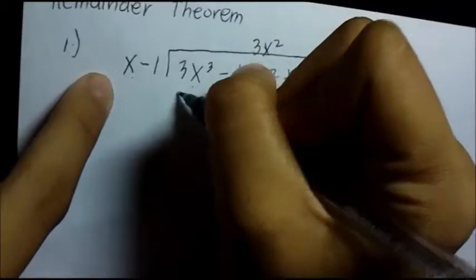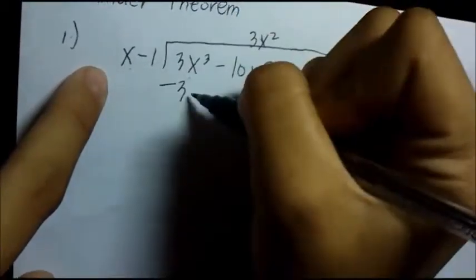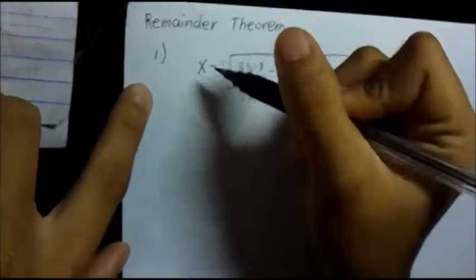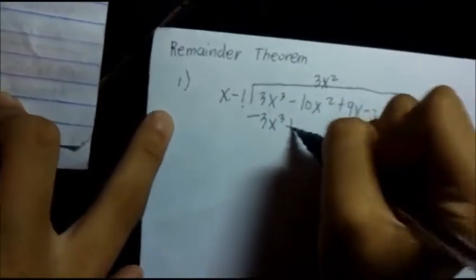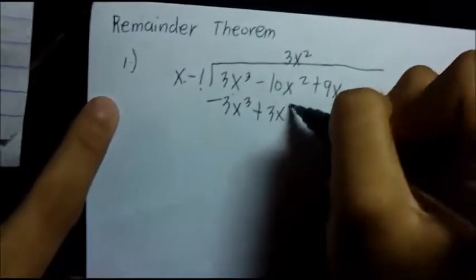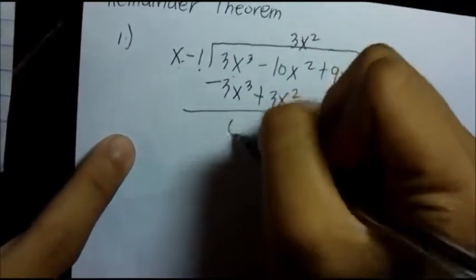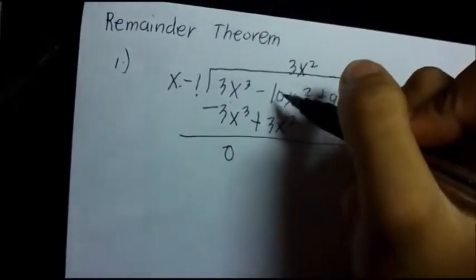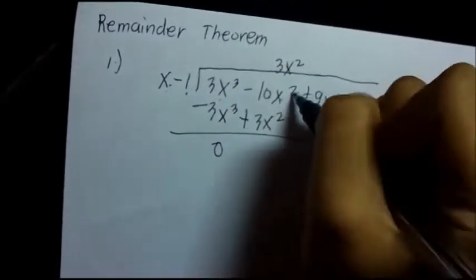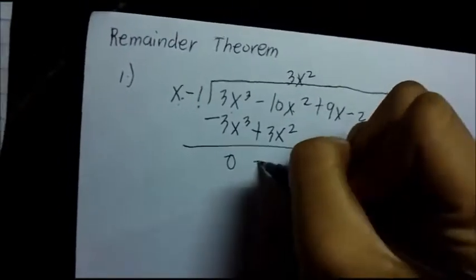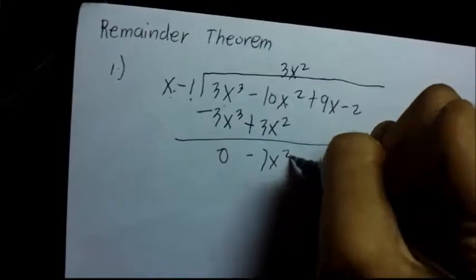Then 3x squared times x is equals to negative 3x cubed. Then 3x squared times negative 1 is positive 3x squared. So 0, then negative 10x squared plus 3x squared is negative 7x squared.